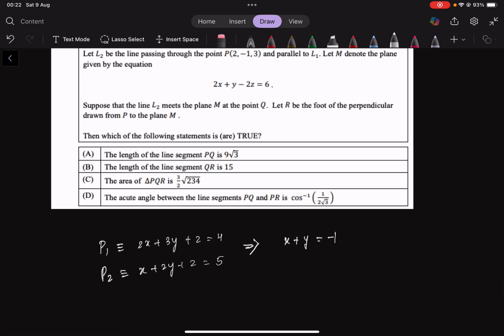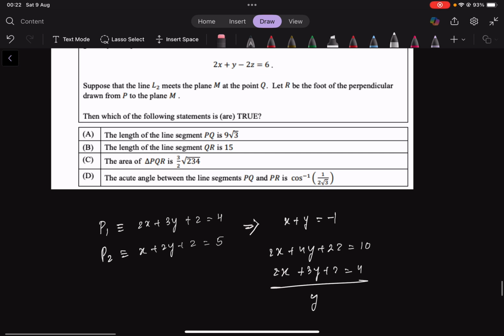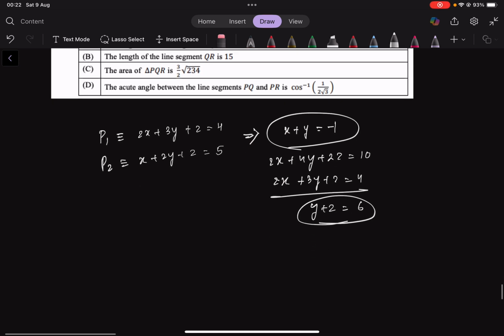And if I multiply the second equation by 2, we get 2x plus 4y plus 2z is 10. If I subtract that from the first equation, I get y plus z is equal to 6.